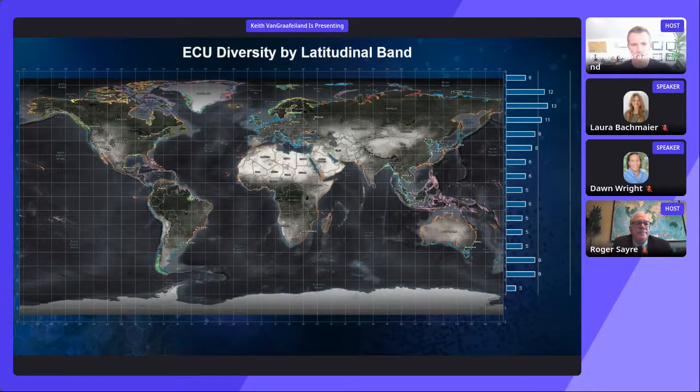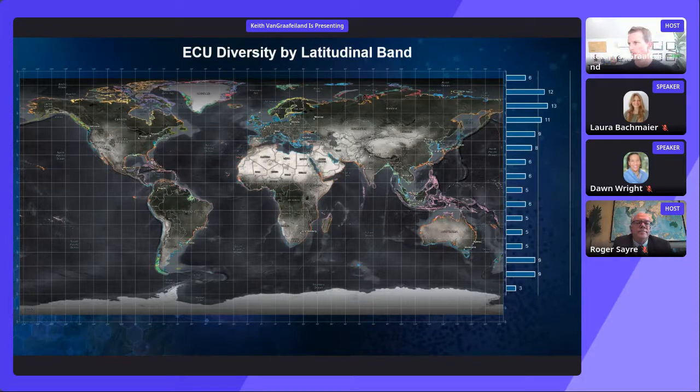This map and the supporting graph explore the diversity of ecological coastal units within 10-degree latitudinal bands. In this example, we notice that at the higher latitudes, where we have greater landmass, there is a greater diversity of ECUs.